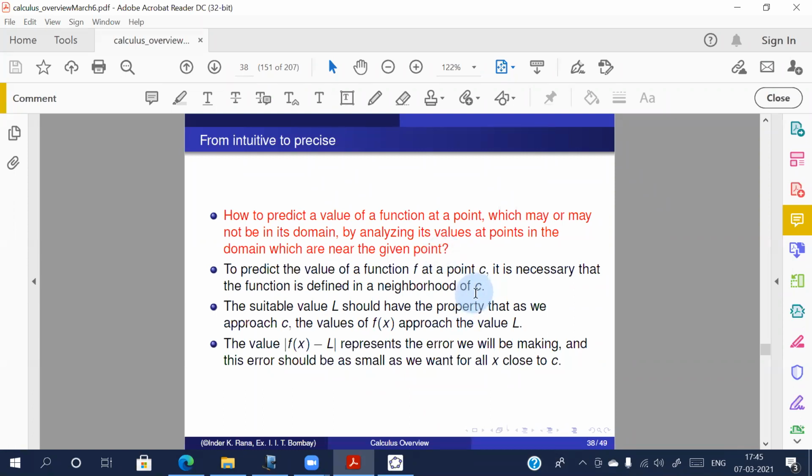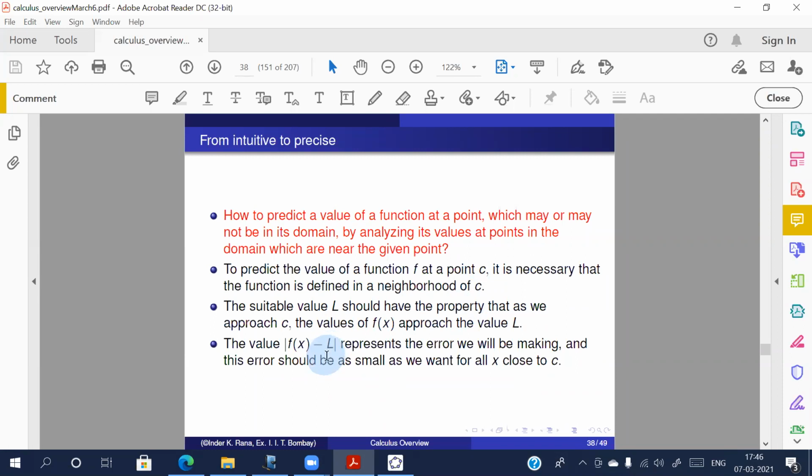I don't know whether the function is defined there, and I don't bother about it. But I know that f is defined at all points close to c, and I know the value of f of x at those points. From this data, I want to predict a suitable value for the function at the point c.